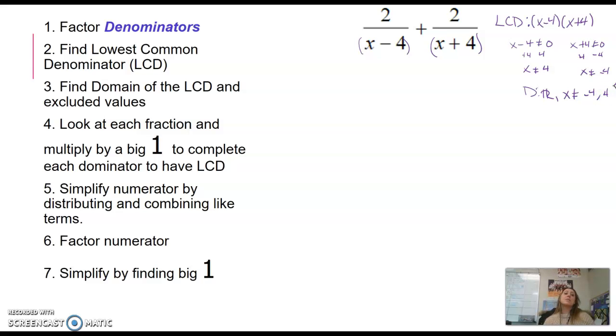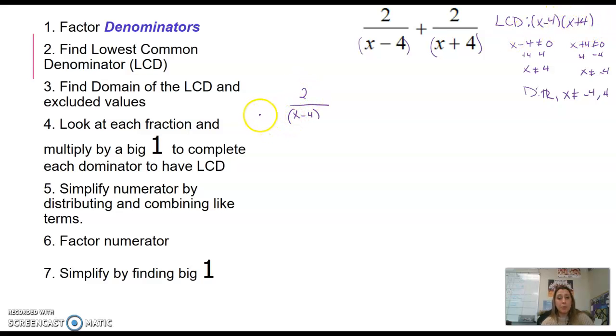Okay, so now I've done steps 1, 2, 3. Now I have to look at this fraction first. So I'm going to write 2 over x minus 4. And again, I'm going to put it in parentheses because I know I can't break it up. So if I look at this fraction and I look at my lowest common denominator, what am I missing? Well, I'm missing this x plus 4.